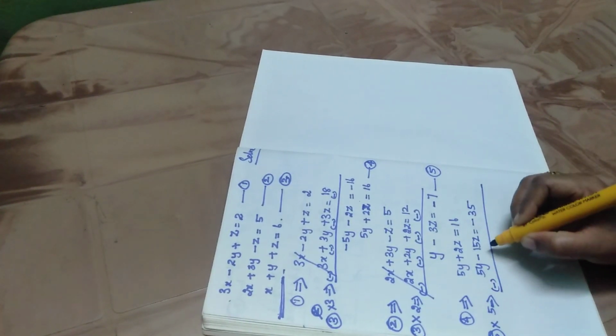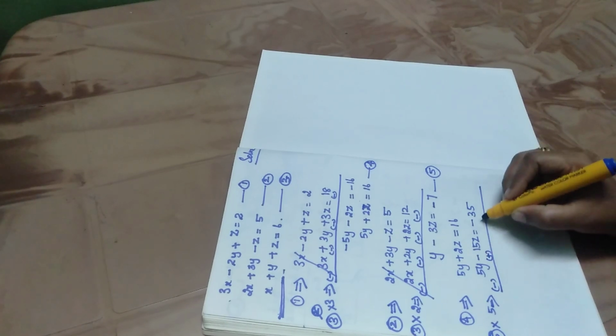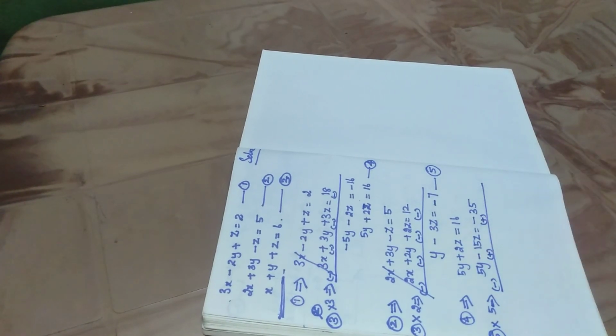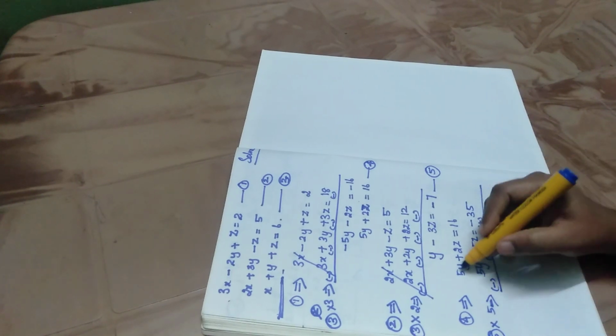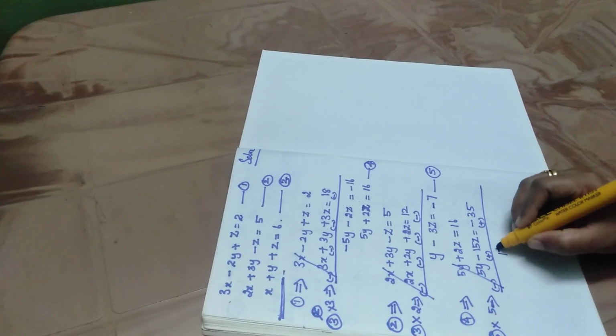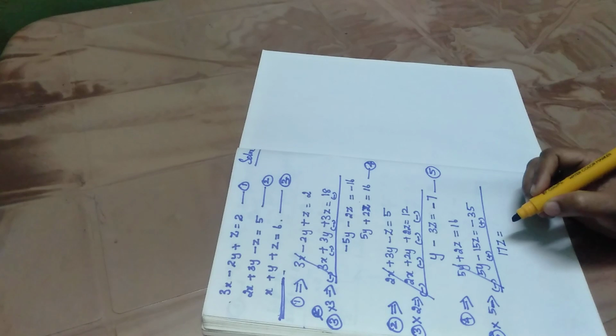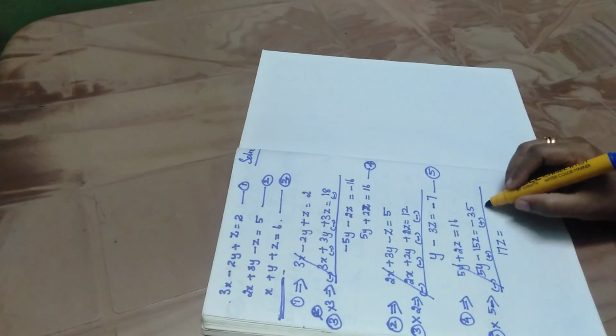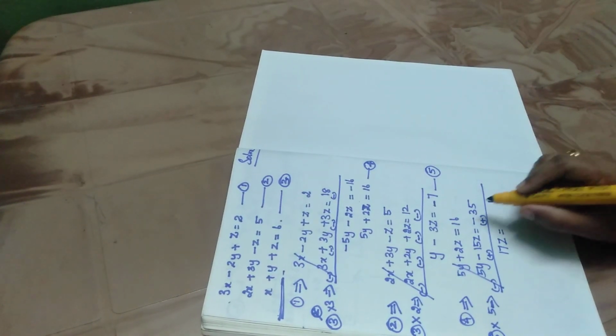So minus plus, cancel. Now here, 17z is equal to 51.